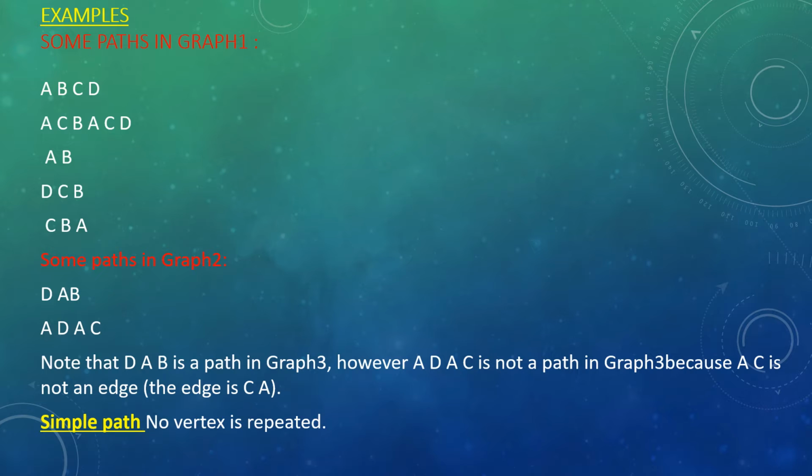However, ADAC is not a path in graph 3 because AC is not an edge, but the edge is CA. Simple path: no vertex is repeated. That is the simple path.